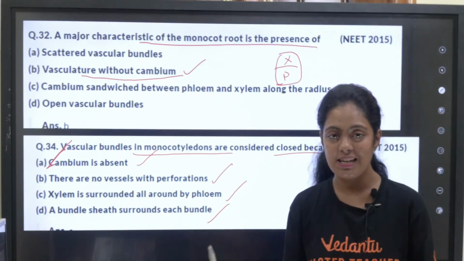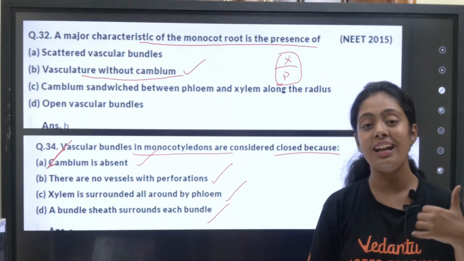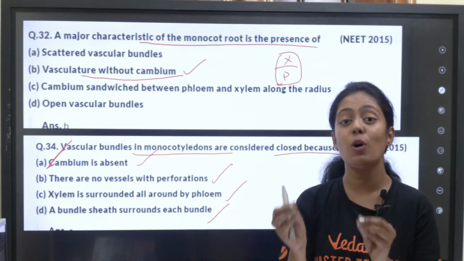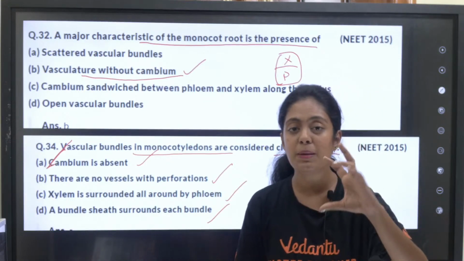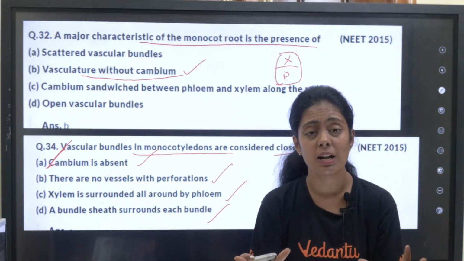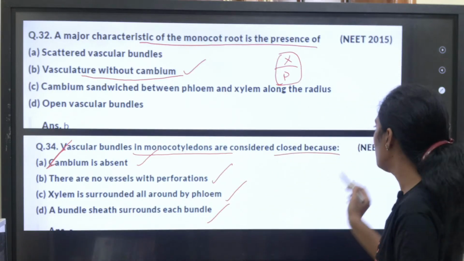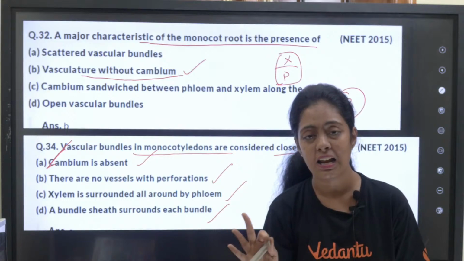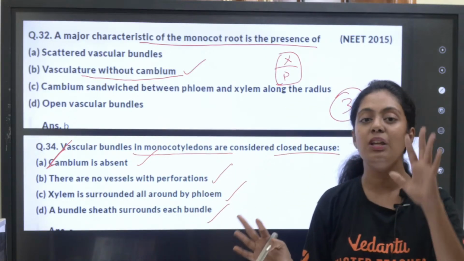So that's for today's session. What we did today: we did anatomy of root, stem and leaf in both monocots and dicots, and we also discussed PYQs. What did you understand from this PYQ compared to the previous PYQ? A minimum of 3 questions can be asked from this particular topic in your NEET exam.